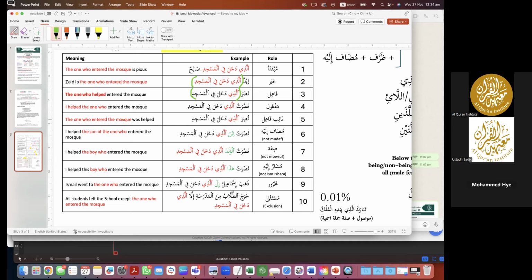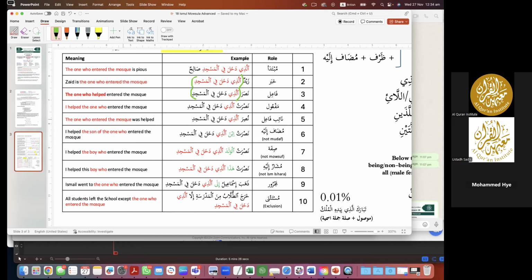Kharajat tullab. Students left, students gone, students left minal madrasati, from the school. The students left from the school or left the school. Illa alladhi dakhala fil masjid. Except the one who went to the mosque. So alladhi dakhala fil masjid, alladhi is mustasna.